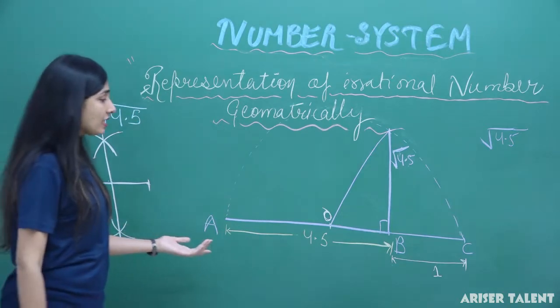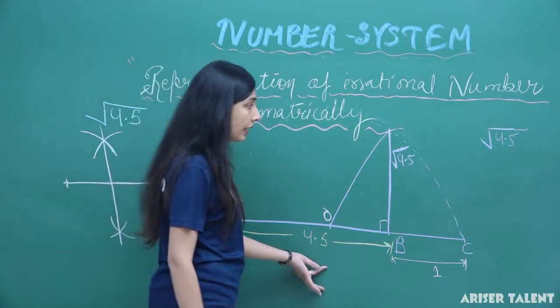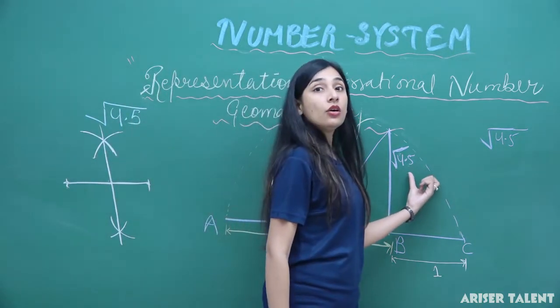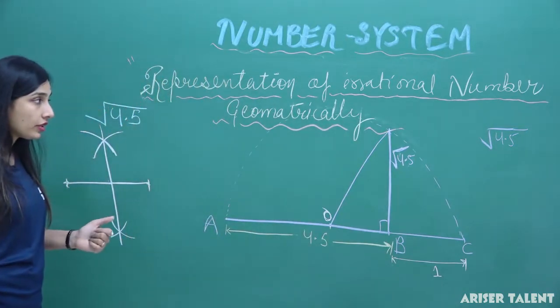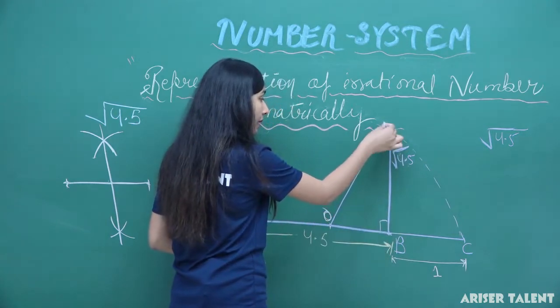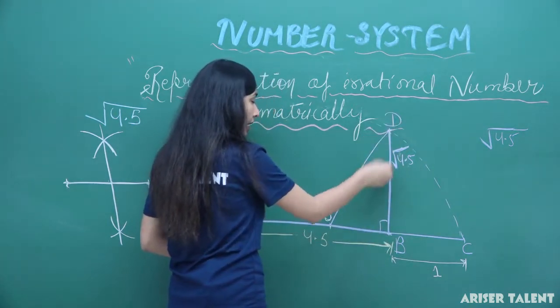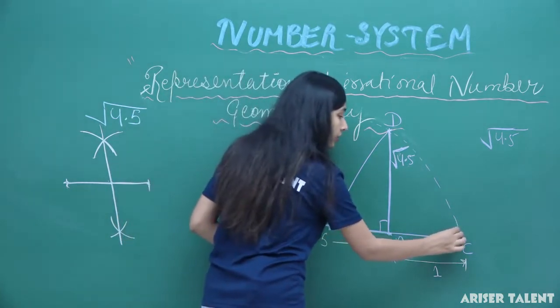Now you may ask me how it is possible that we have drawn 4.5 here and will be getting root 4.5 as this length. Is it convenient for us to tell it? You can take this arc equal to BD, put this point here and mark it on the number line.